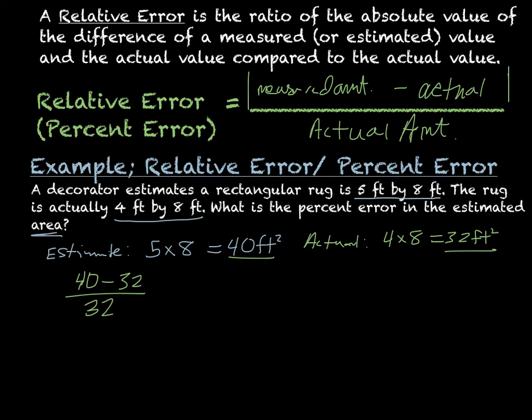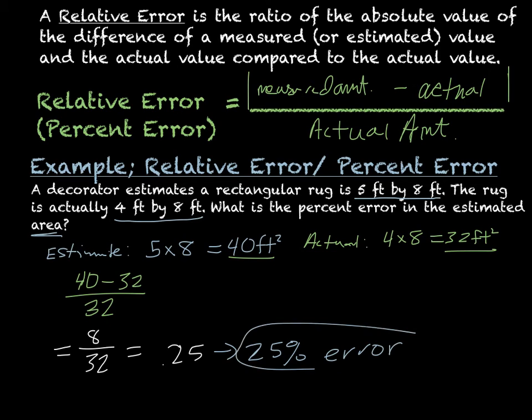So 40 minus 32 is 8, divided by 32. So that's going to give me 0.25, which we're going to express as a percent error. So that means 25% error. So her guess was off by 25%.